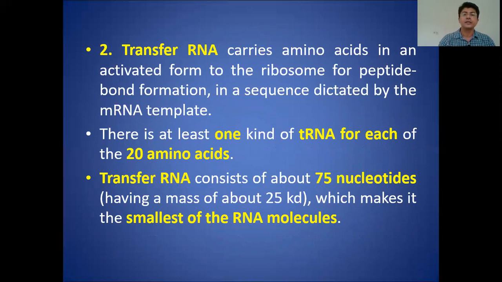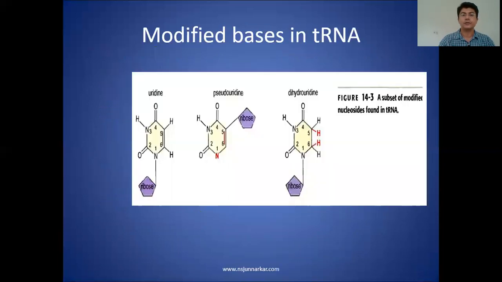For each kind of amino acid, there is at least one kind of tRNA molecule. tRNA molecules consist of about 75 to 90 nucleotides in length, and this makes the tRNA molecules smallest among the RNA molecules. Modified bases are often found in the tRNA molecules such as pseudouridine and dihydrouridine. So these are the modified bases that are found in the tRNA molecule.